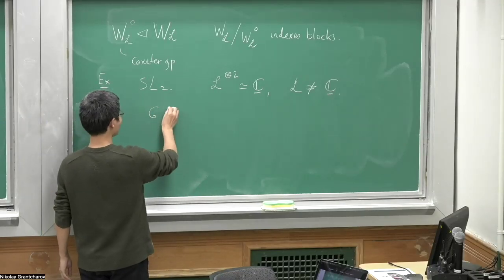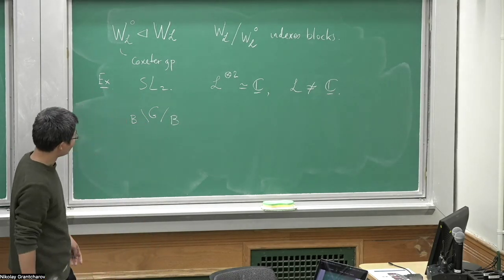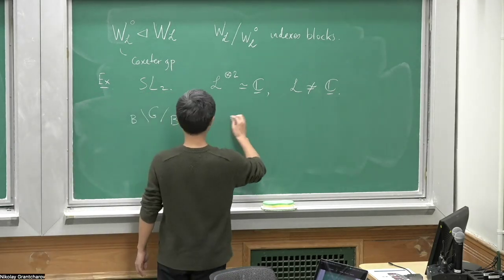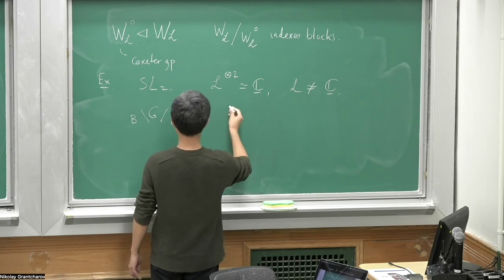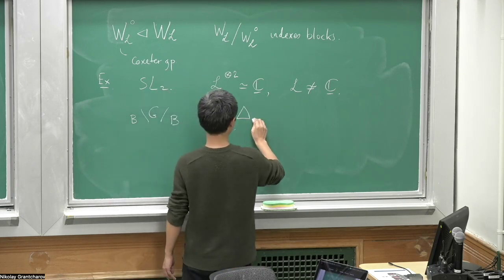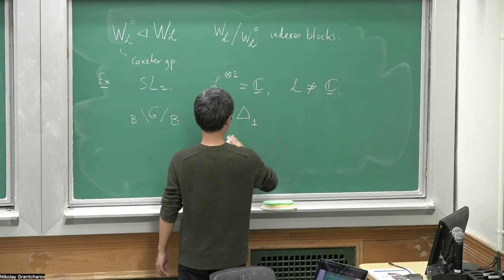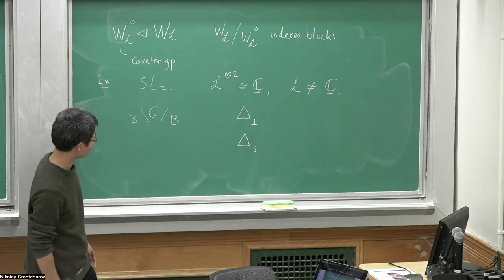So we have G mod B mod B. There are 2 strata. On the unit stratum, we have just a standard sheaf on the unit stratum, and then there was a standard sheaf on the open stratum.